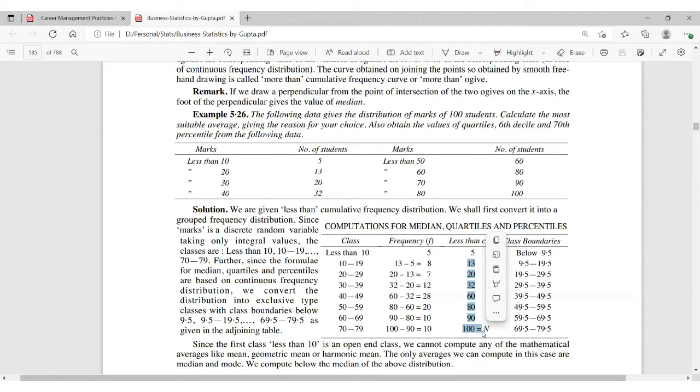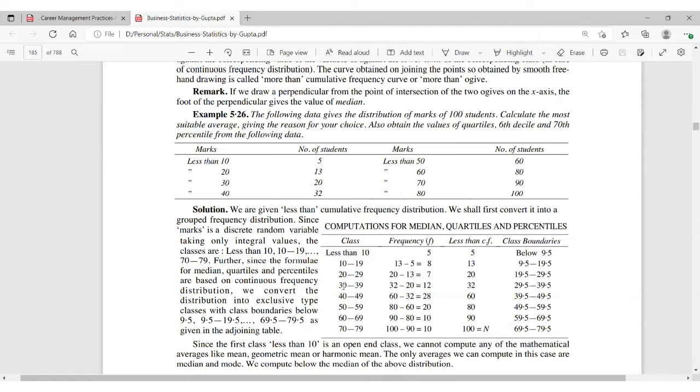What we do in this case, see, difference of this less than 10, that means let me assume 0 to 10, or 0 to 9, right? So what is difference of these two, upper and the lower of next class? 20 and 19, 29 or 30. The difference is 1.